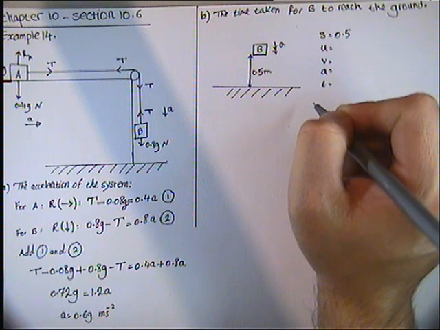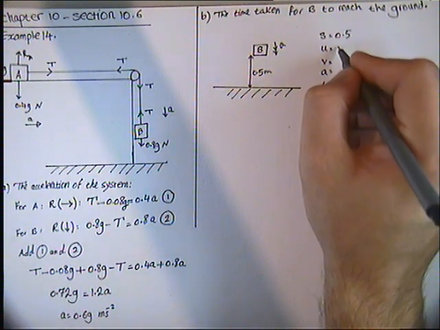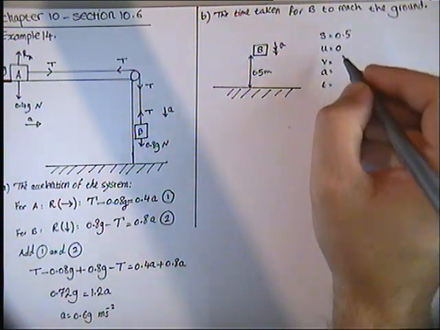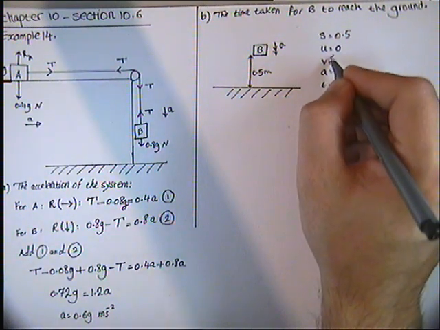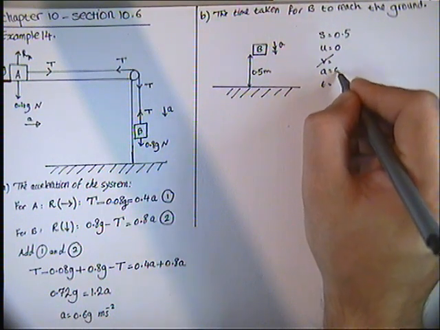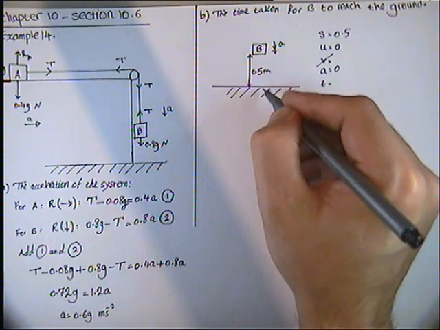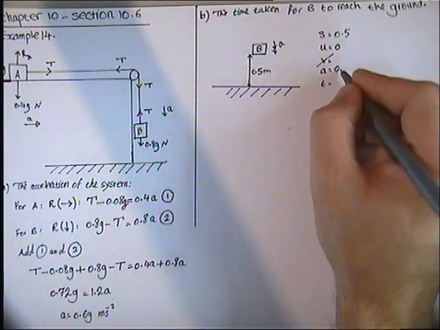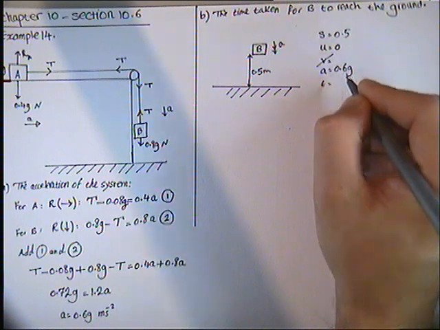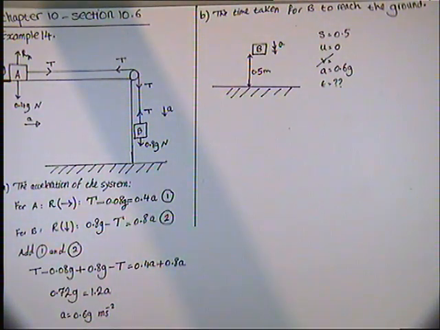Initial velocity is 0 because the system is released from rest. We are not really interested in velocity. We worked out the acceleration, and it will be the same all the way down until B hits the ground, 0.6 g. We are interested in finding the time taken.